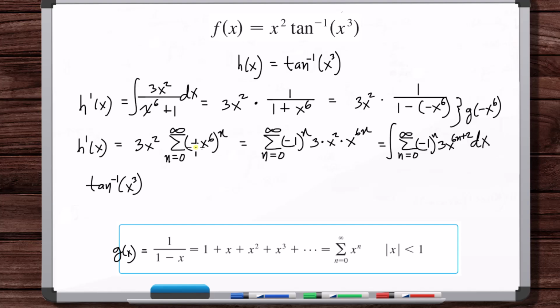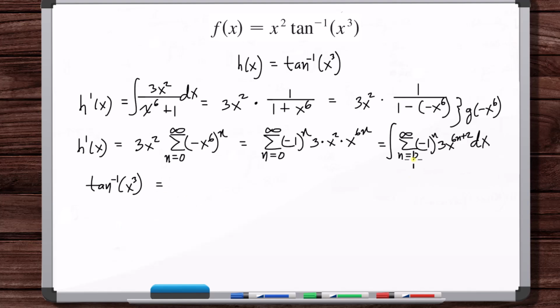Okay, so now we just need to take this integral. Well, it's just x to the 6n plus 2 plus 1, then over that same number. What's 6n plus 2 plus 1? It's just 6n plus 3. Well, we're going to have a c.